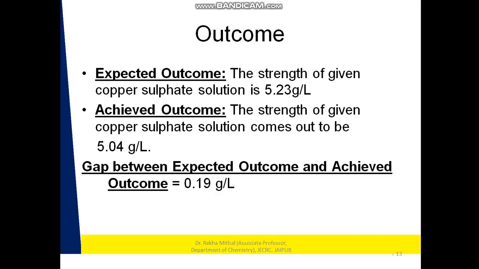The strength of the given copper sulfate solution is 5.23 gram per liter according to the expected outcome, and what we achieved after doing the titration, that is the achieved outcome, is 5.04 grams per liter. Now the gap between the expected outcome and achieved outcome is 0.19 gram per liter.